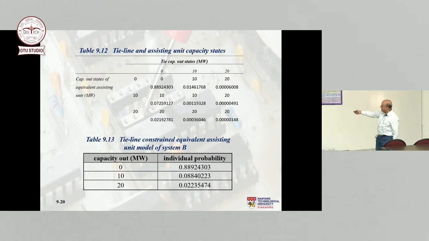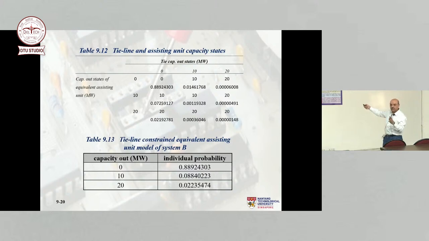So you have different states and you can come up with this capacity outage probability table, passing the available table from system B through the tie line model, and combining all the common states. So there are more than 2 states with 10 megawatt out. So you see here 10 megawatt out from the system B and 10 megawatt out from the tie line.